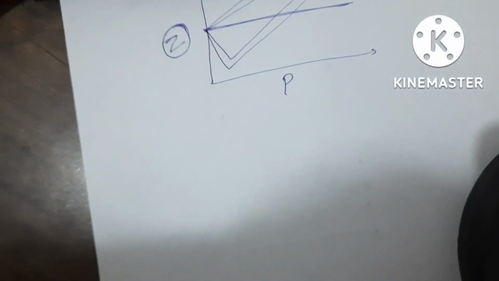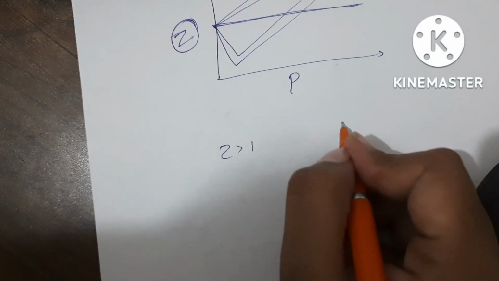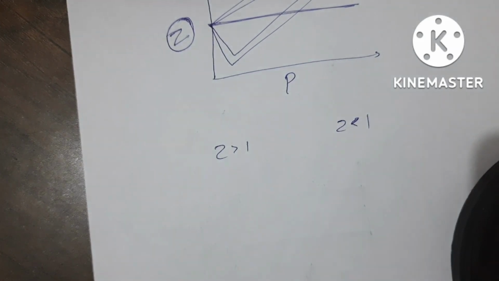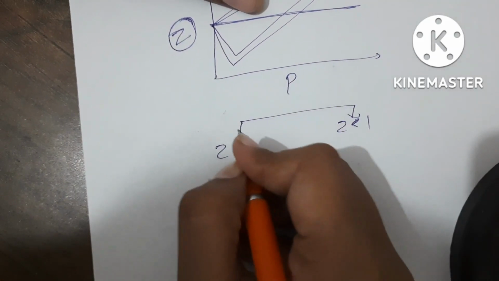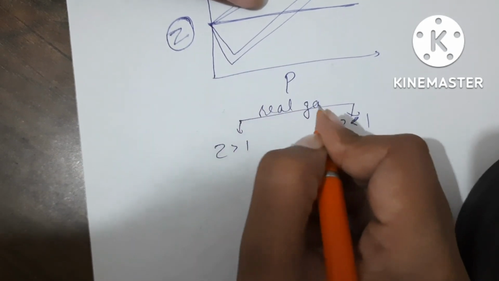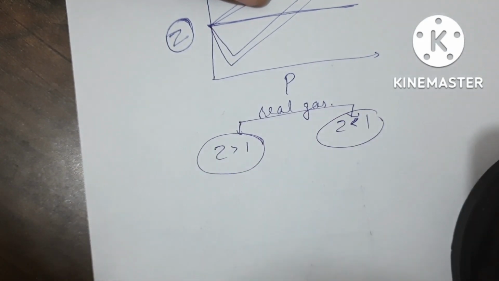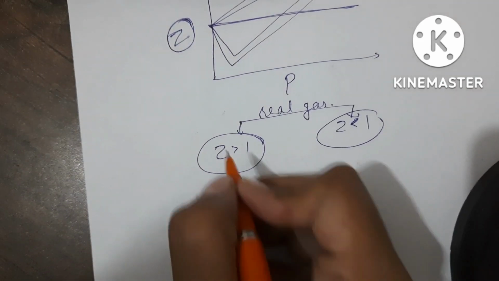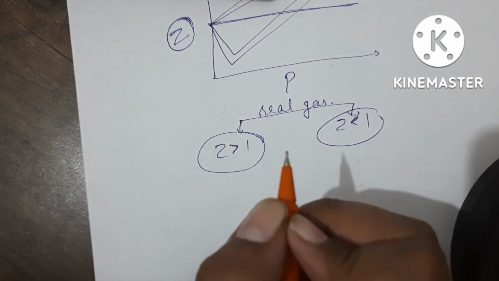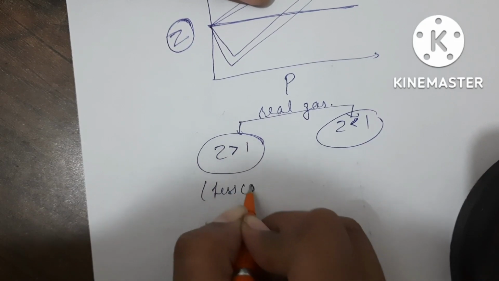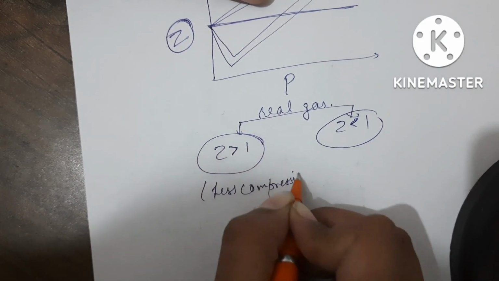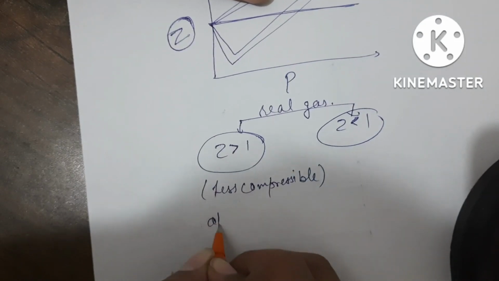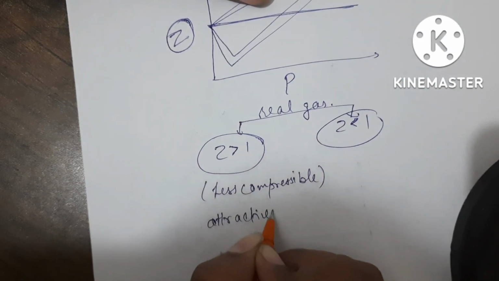Whether the compressibility factor is greater than 1 or less than 1, both are for real gases. That means there are some forces of attraction holding the molecules together. Z greater than 1 means less compressible. Less compressible means attractive forces are less between the molecules.